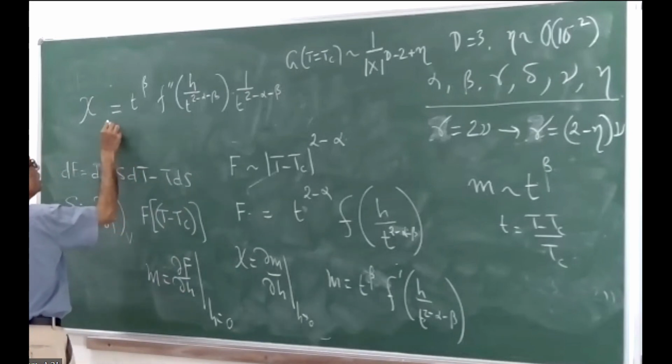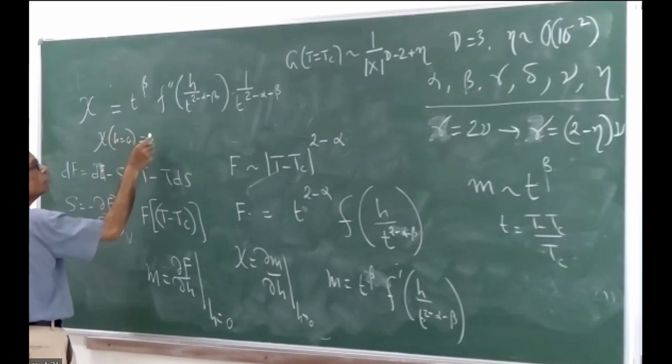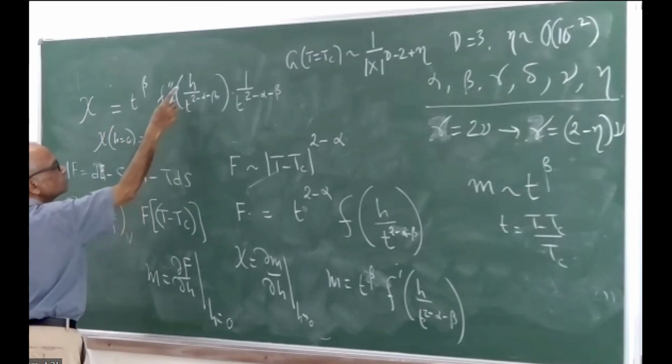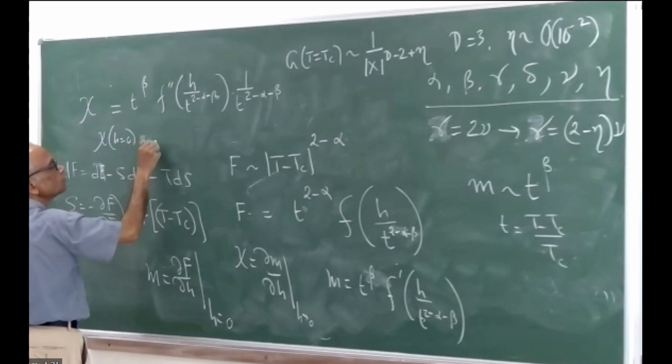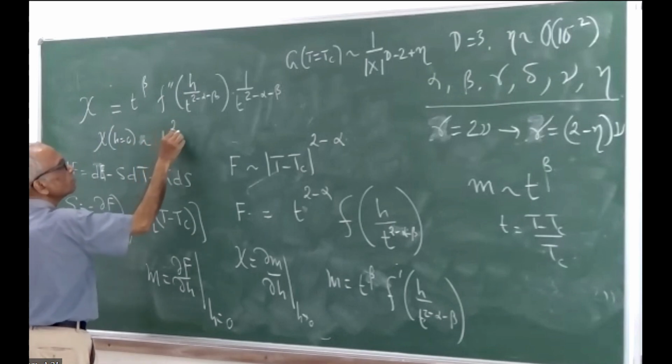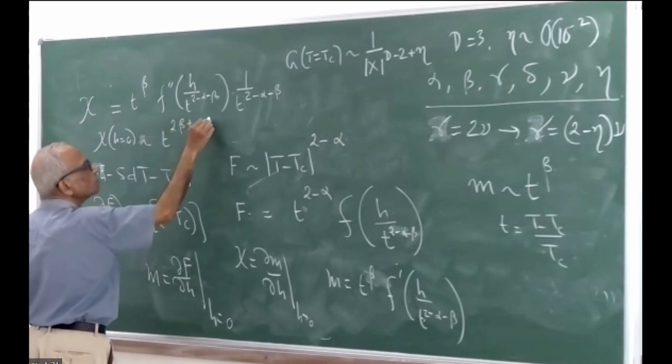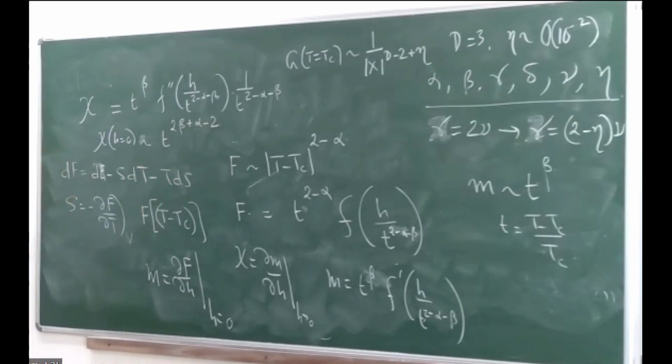So chi at h equal to 0 is, this becomes a constant, proportional to t to the power 2 beta plus alpha minus 2.